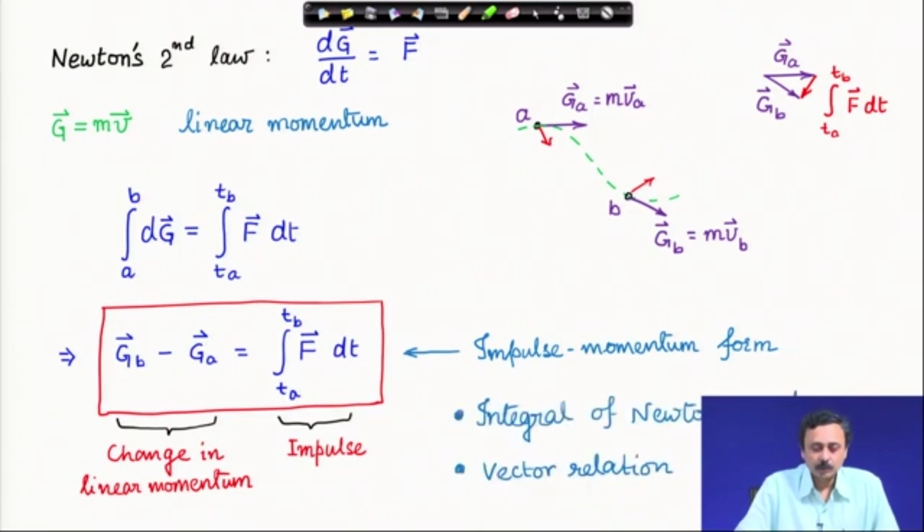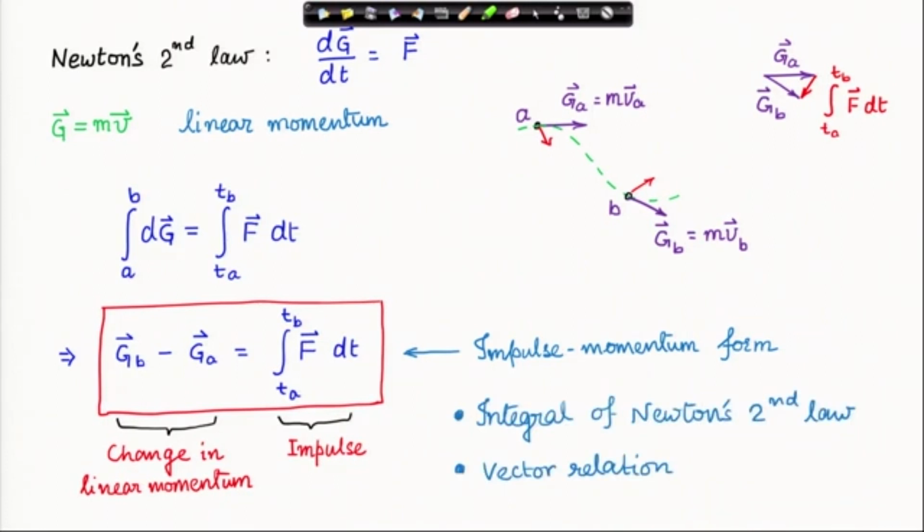As you can very easily notice, this is a direct time integral of Newton's second law, and this gives us a vector relation. Remember that impulse is a vector quantity and that impulse is the change of linear momentum. Change of linear momentum of a particle is equal to the impulse of the force acting.